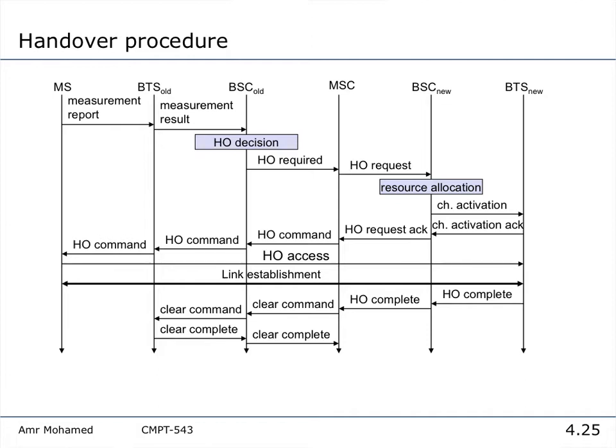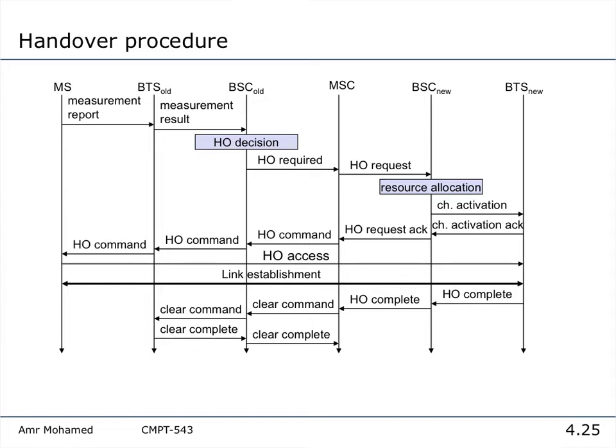So when the handover command goes to the mobile station, afterwards the connection link is established. And as soon as the connection is established, then the handover complete. Yes. Then after you establish everything, and make sure that the handover is complete to the new one, then you can release the old one. Until this point, the old one is still working.